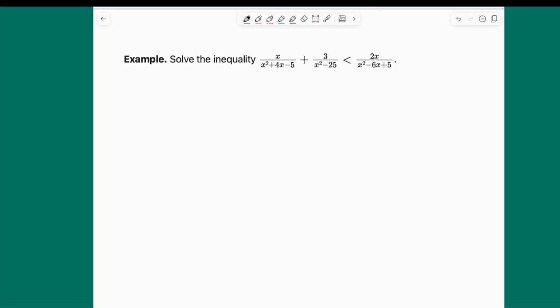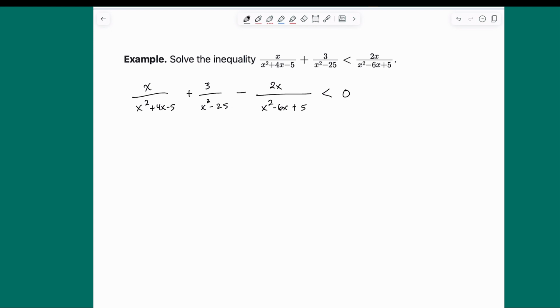The easiest way is to subtract off the 2x over x squared minus 6x plus 5 on both sides to get the equivalent inequality x over x squared plus 4x minus 5 plus 3 over x squared minus 25 minus 2x over x squared minus 6x plus 5 less than 0. So that's the equivalent inequality.